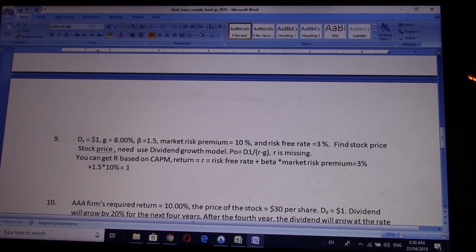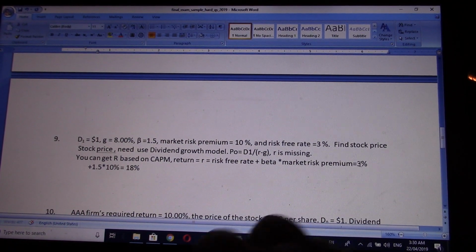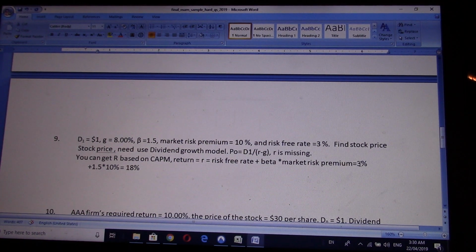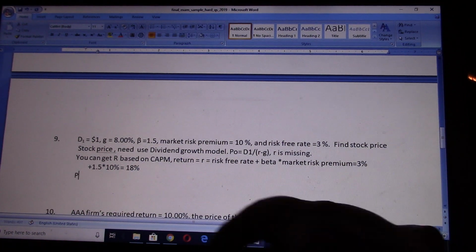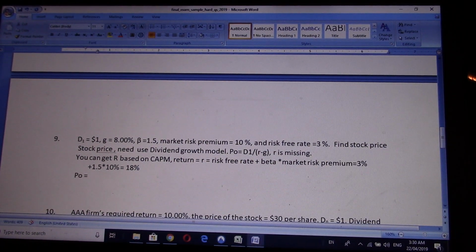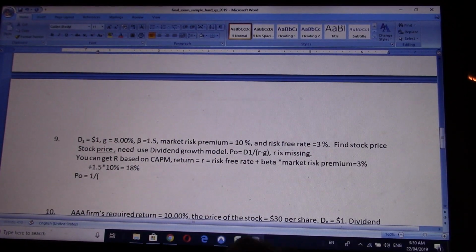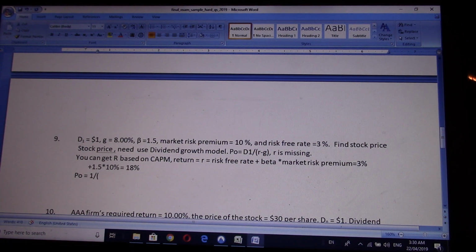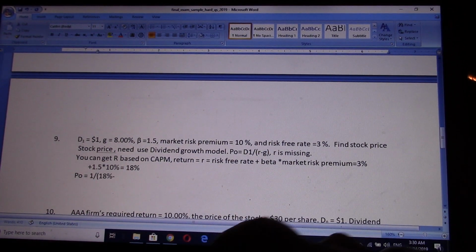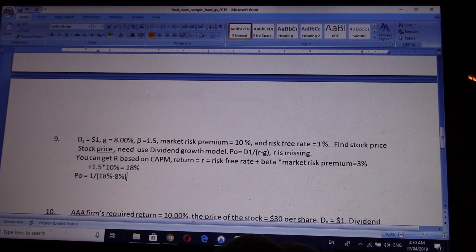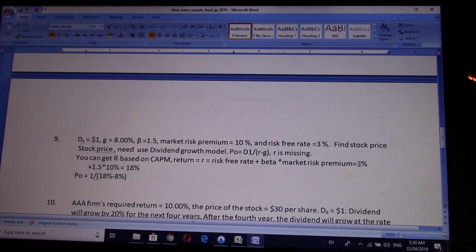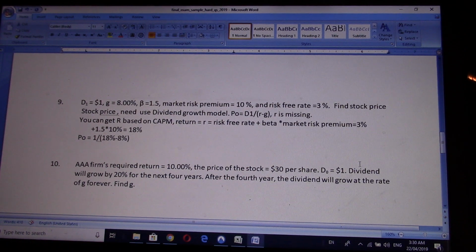So it should be 18%. Now to get the stock price, P0 should be D1, which is 1, over R minus G, 18% minus 8%. Of course, in the real exam, the numbers will be different. Okay, this is this one.